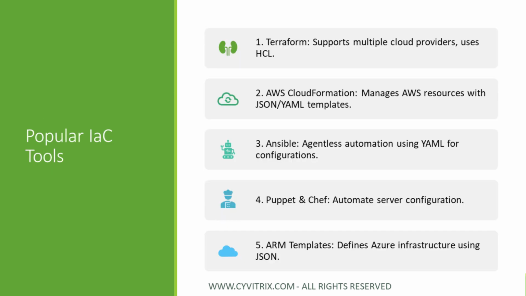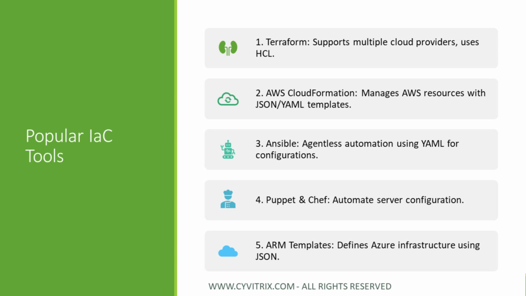Several popular tools are available for implementing infrastructure as code. Terraform, an open-source tool by HashiCorp, is widely used and supports multiple cloud providers, allowing users to define infrastructure in a declarative language, HCL. AWS CloudFormation is another powerful tool that allows users to define and provision AWS resources using JSON or YAML templates.